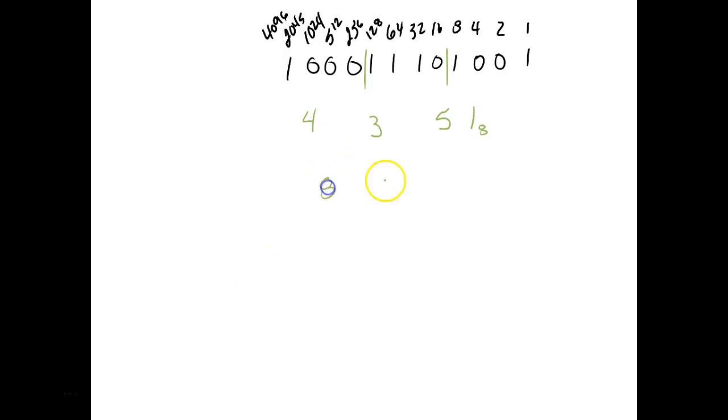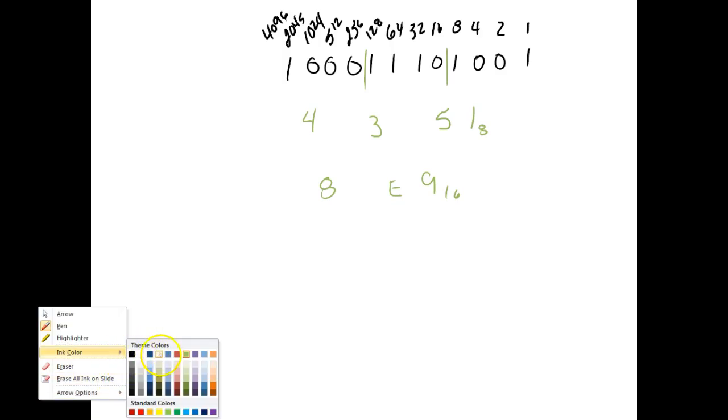So this would be an 8E9 base 16. Everybody okay? See how I did that?